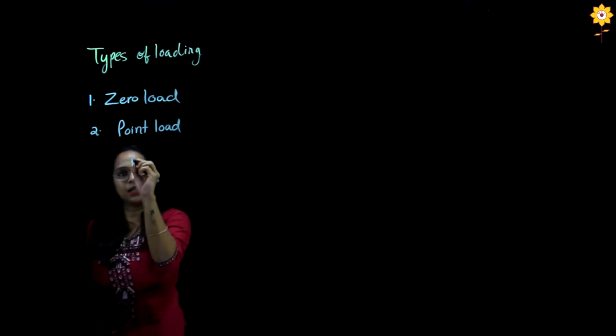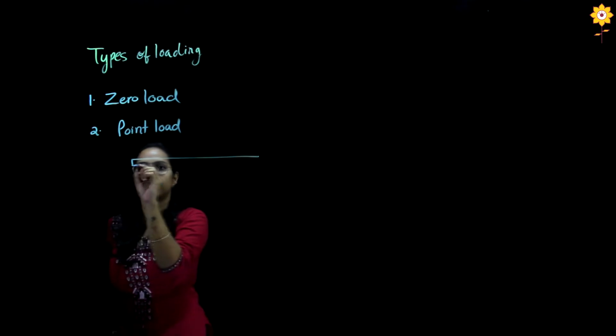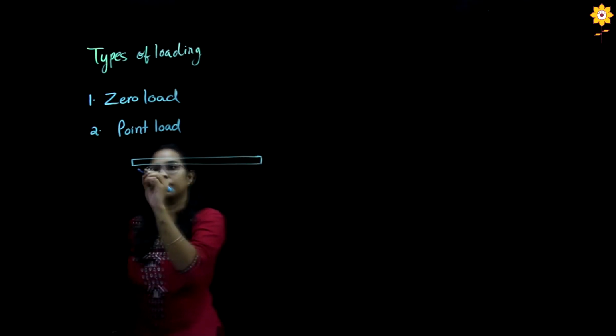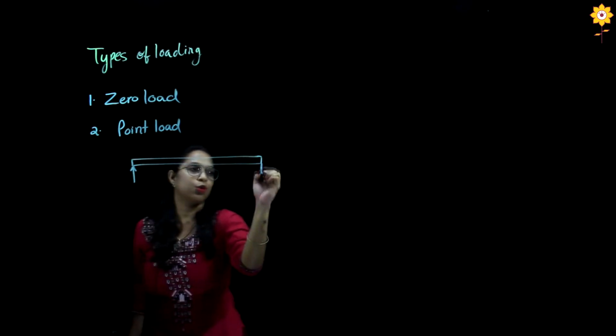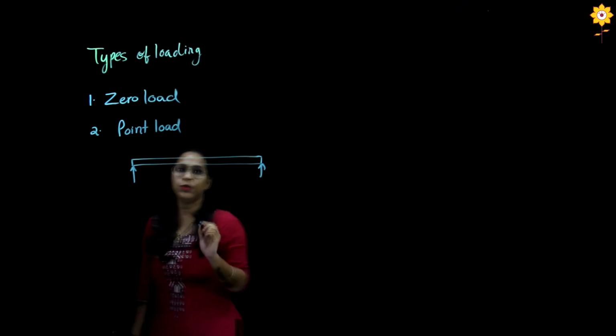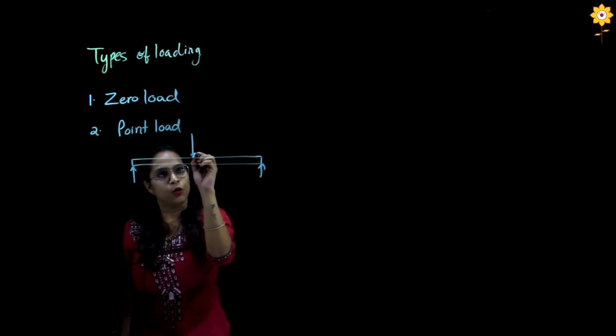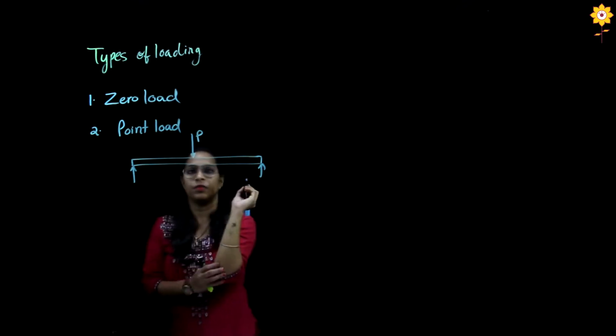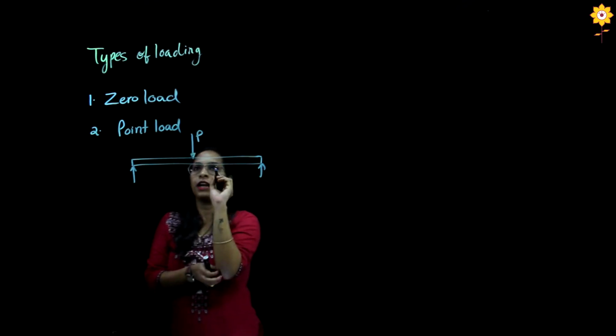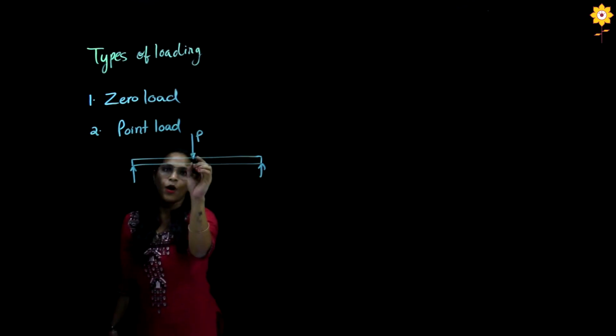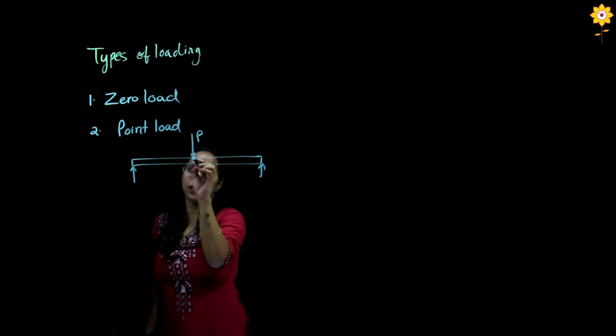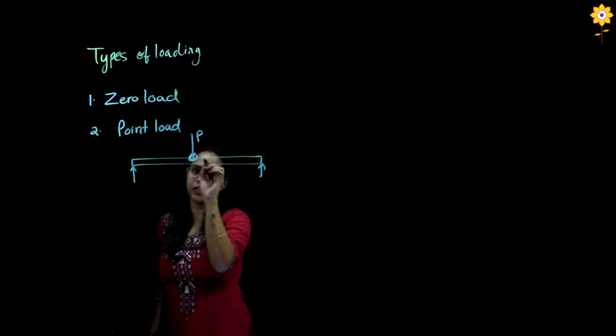That means, let's say I have a beam, and let us assume it is simply supported. If I have a load, let's say P, at this point, the effect of the point load is only effective at this area itself.